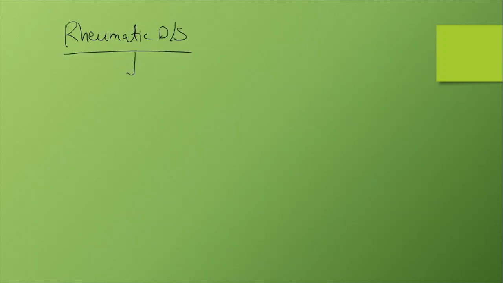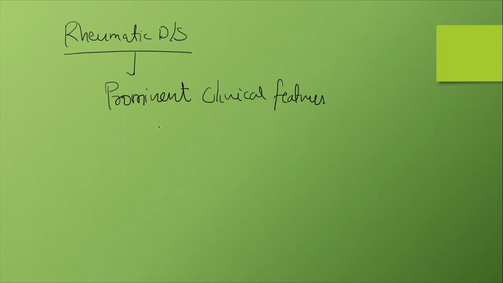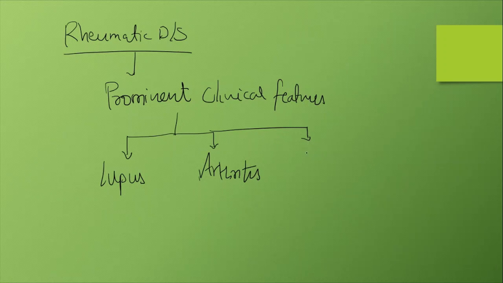You are going to look at the prominent clinical features, and based on that you will get either a lupus group, or arthritis, or possibly vasculitis, right?